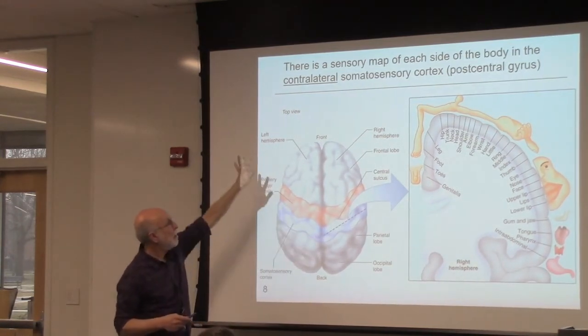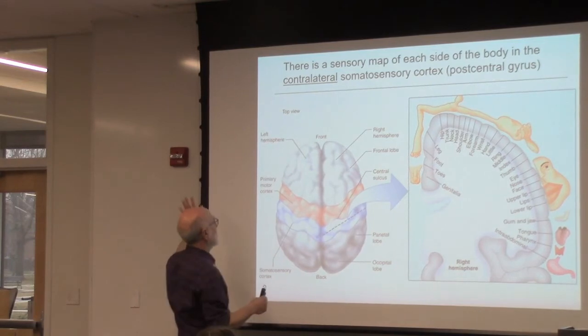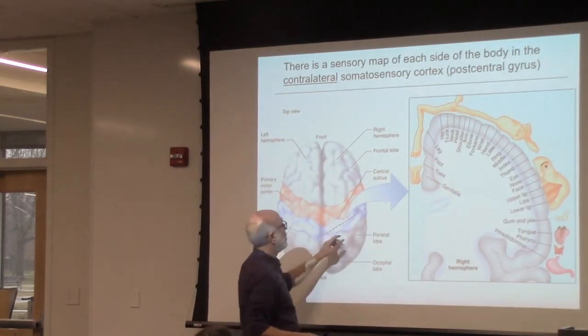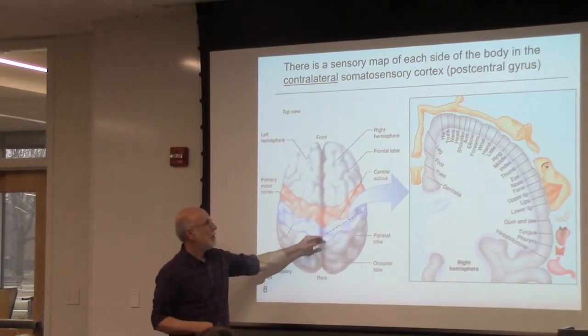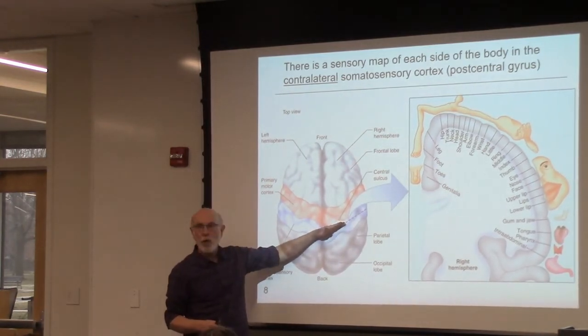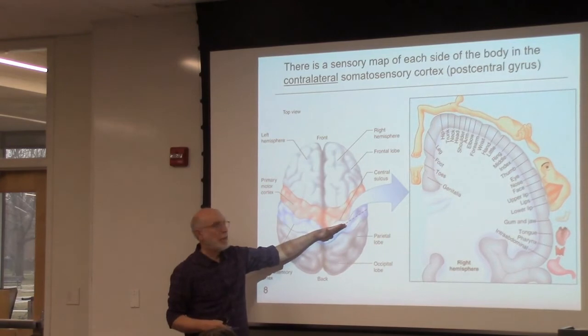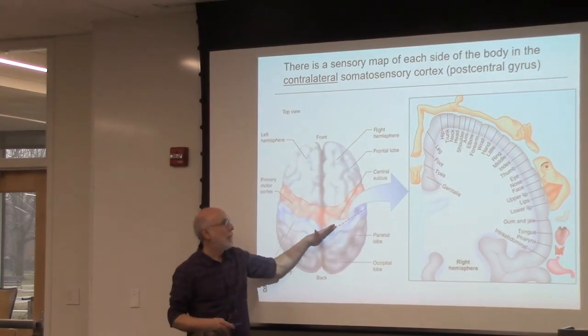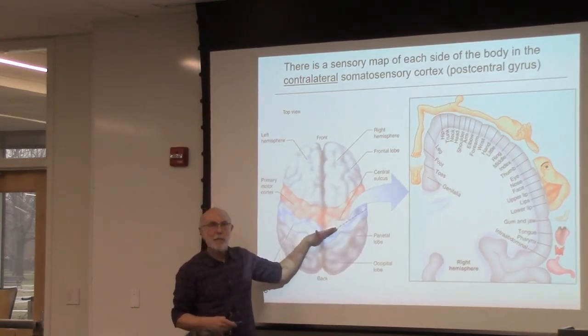So this is looking at the brain from the top. This is left and this is right in this image. Here they've taken a semi-oblique coronal section through the brain at the anterior level of the somatosensory cortex, the postcentral gyrus.